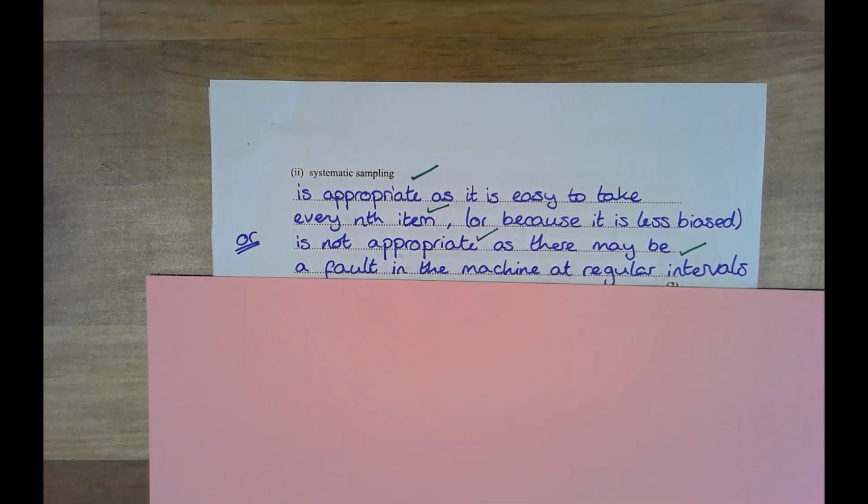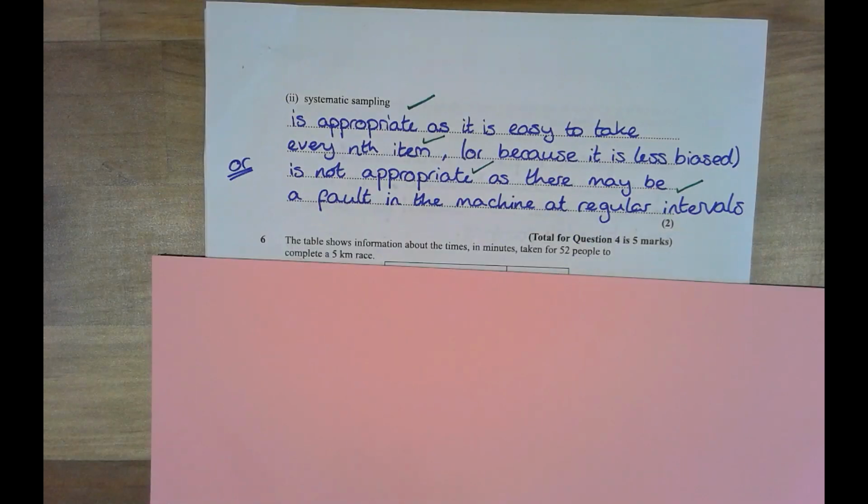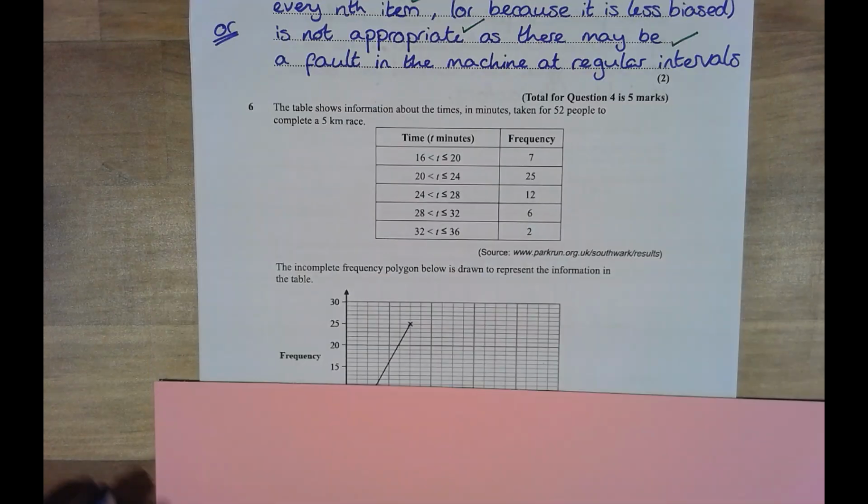Our next question moves on, and we are told that this table shows some information in minutes of the time taken for 52 people to complete a 5 kilometre race. We're given this incomplete frequency polygon, and our first part of this question is asking what number of people completed the race in under 24 minutes.